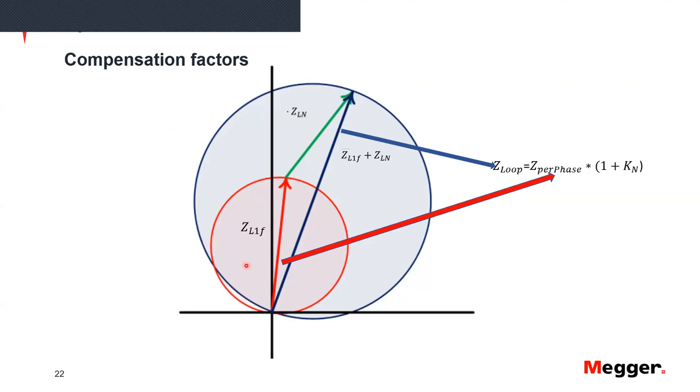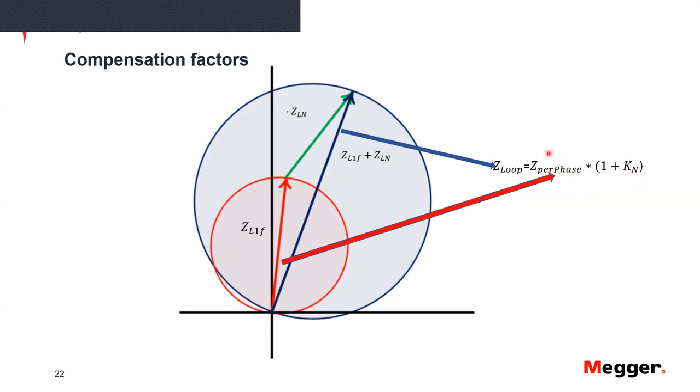See, this is the impedance to the fault, the impedance over the line to the fault, without considering the expansion that happens. See that this characteristic here expands when we have a fault to the ground, and we call this expanded impedance the loop impedance, right? Now, the loop impedance is the per phase impedance, which is this one here, times 1 plus the compensation factor, right?